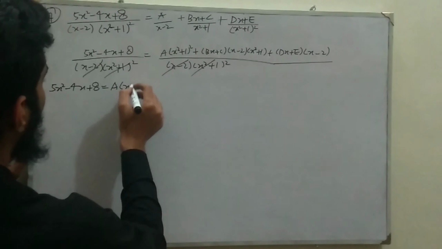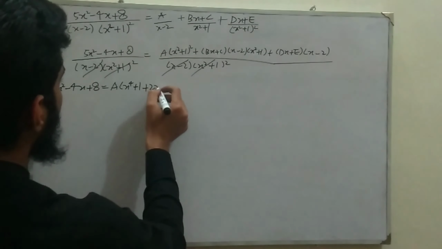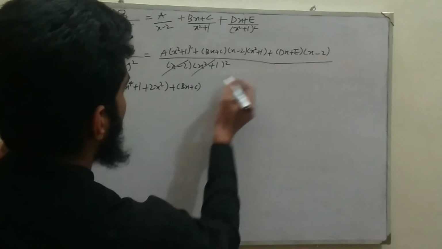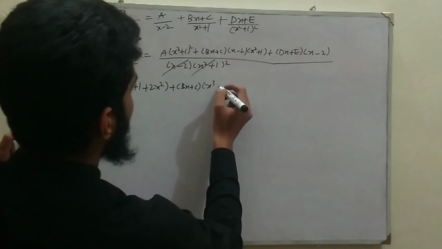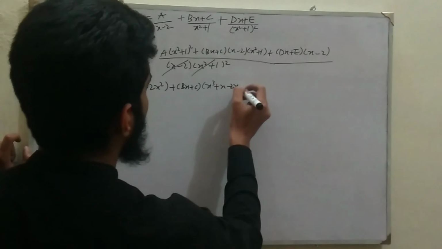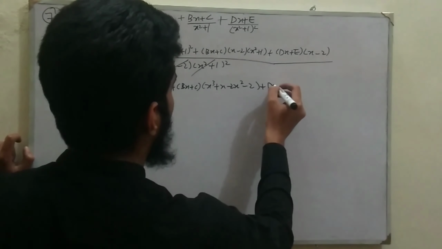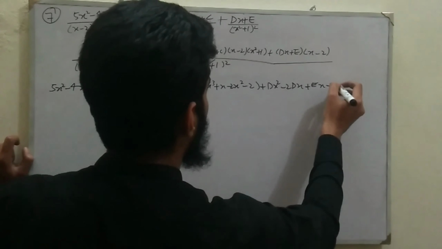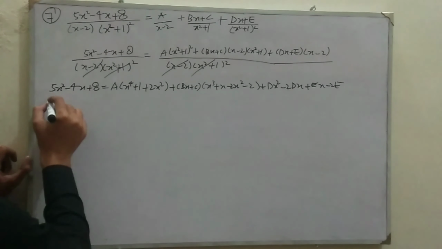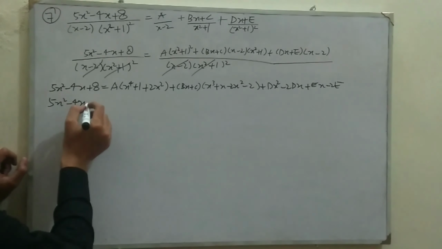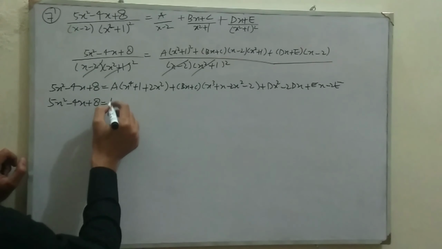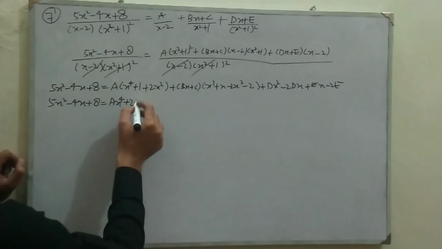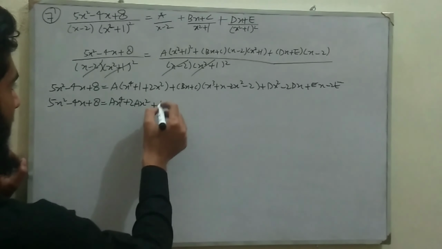So a multiplied by x power 4 plus 2x square plus 1, plus bx plus c multiplied by x cube minus 2 x square plus x minus 2, plus dx square minus 2dx, and plus ex and minus 2e. Now 5x square minus 4x plus 8 is equal to a multiplied by x power 4, it gives us ax power 4 plus 2ax square plus a.